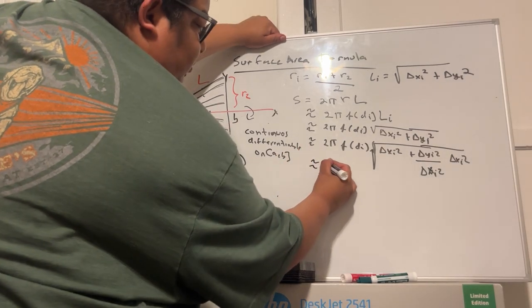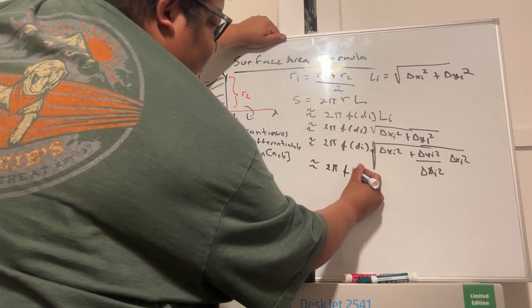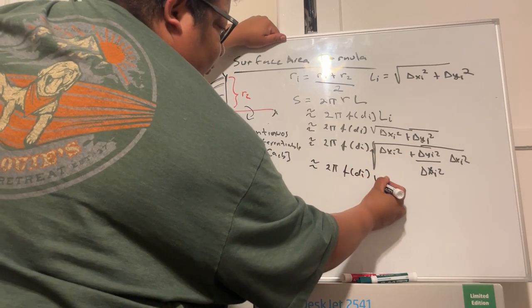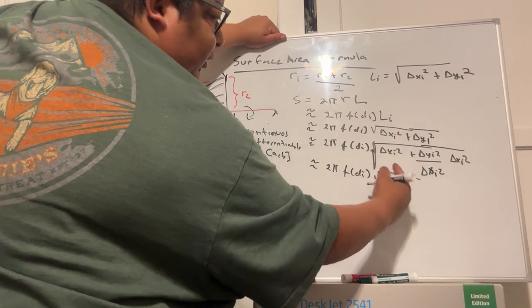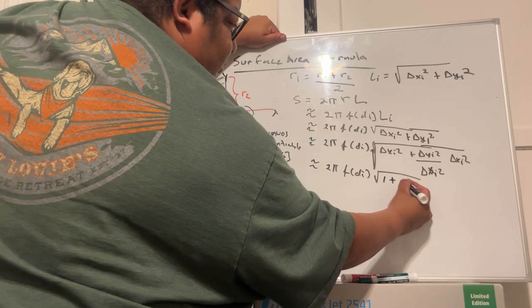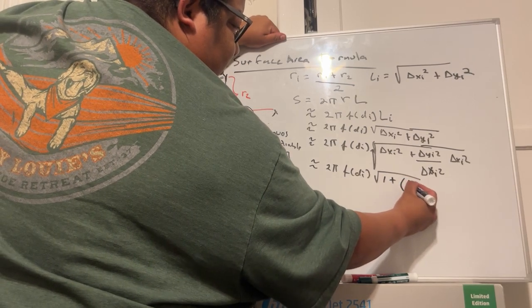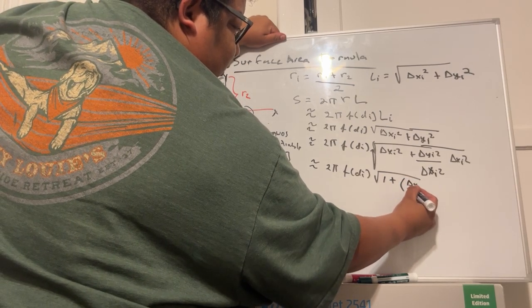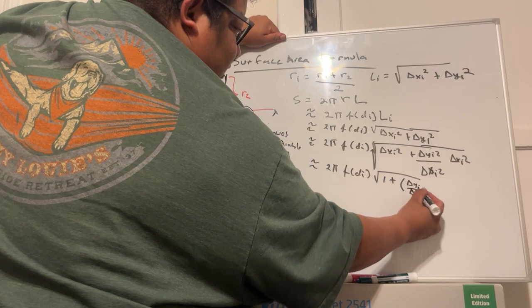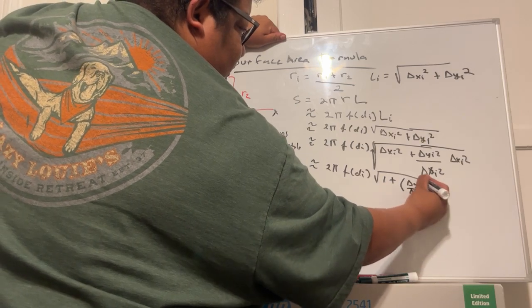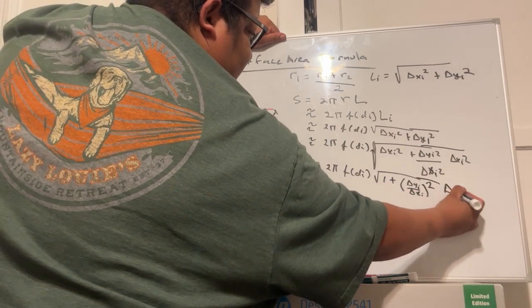And that's approximately 2 pi f of di. We pull out delta xi squared, so that's the square root of 1 plus delta y over delta xi, squared, times delta xi.